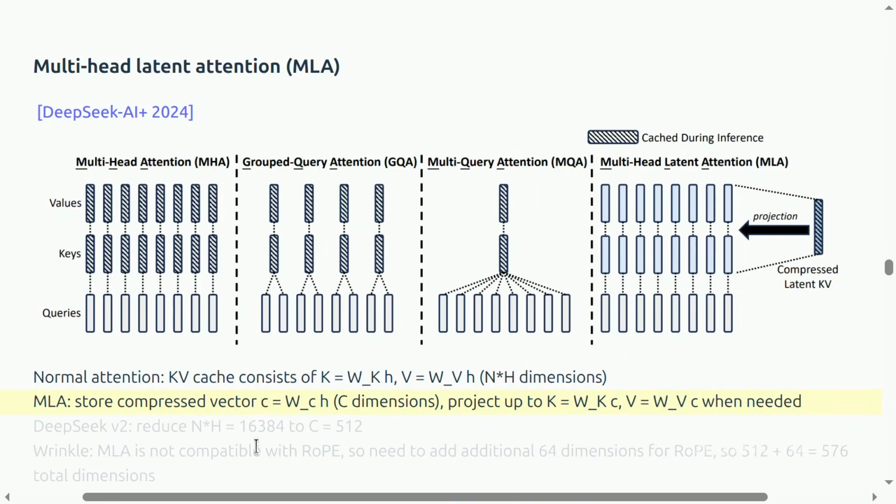So DeepSeek V2 reduced it from 16,000 to 512. So this is quite aggressive compression here. And then I'm going to compute the K and the V from this compressed representation. So now I can just store C. This is much smaller. And then when I need my keys and values, I can just materialize them.